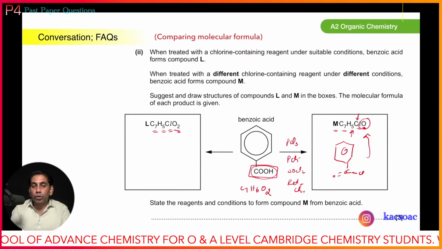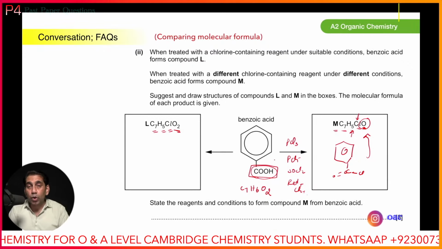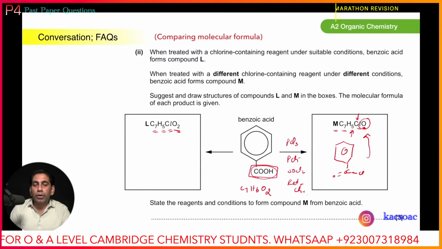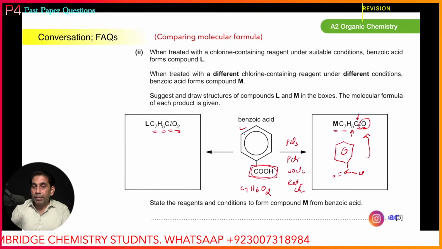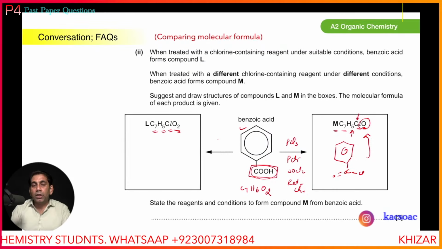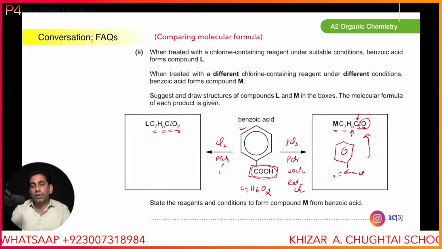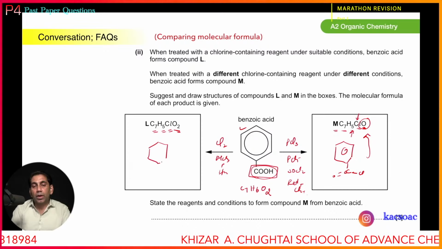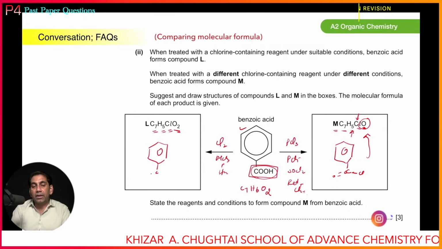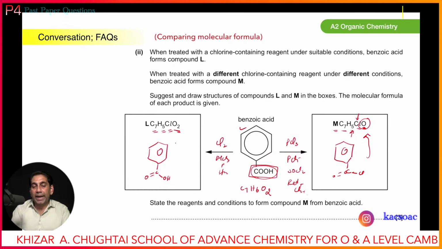In this case, both oxygens are intact with the molecule. So the COOH group is not going to do any chemical reaction. This time, benzene is going to show the chemical reaction. So I think once again Cl2 and AlCl3 plus heat, and you will get this compound. But remember that this carboxylic acid, this acidic group, is a meta director.